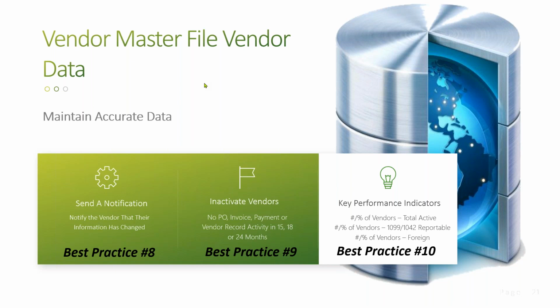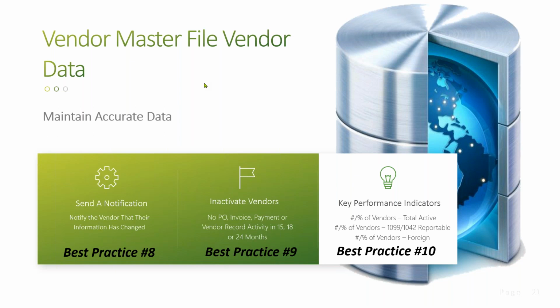But inactivate those vendors you haven't had activity with in 15, 18, or 24 months, whatever you consider is good for your company. This reduces the number of active vendors, and depending on when you last inactivated, I'm thinking of that 7% that never had, it can be up to a 50% reduction in my experience in the number of active vendors you have in your vendor master file.